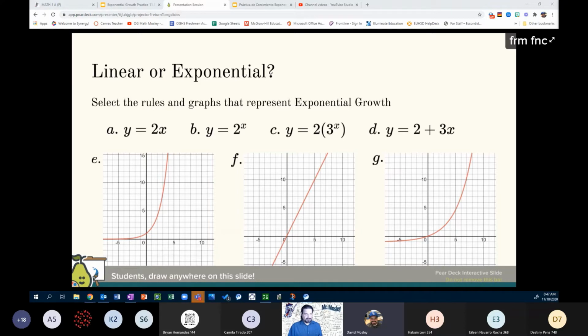The rules and graphs don't necessarily match. You don't need to try to match them. Only circle the ones that are exponential.